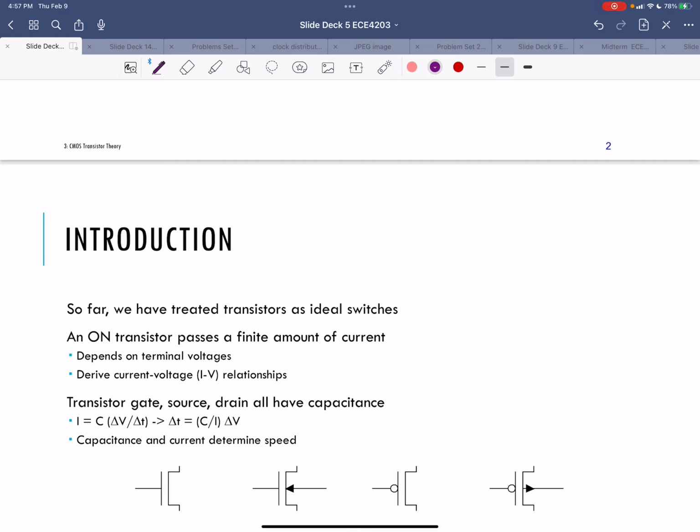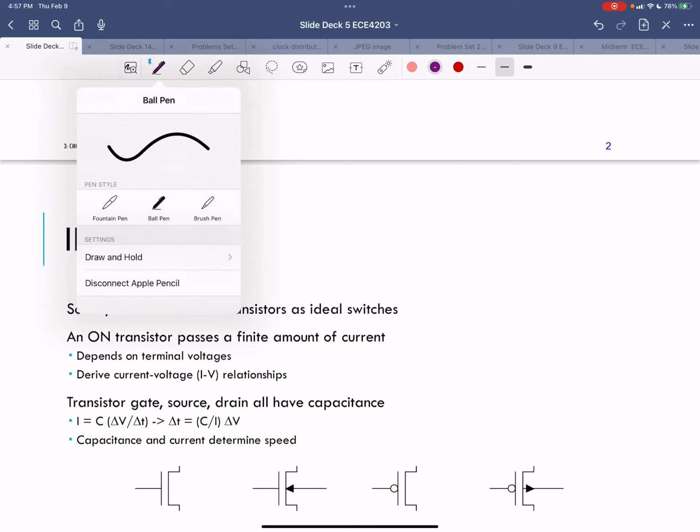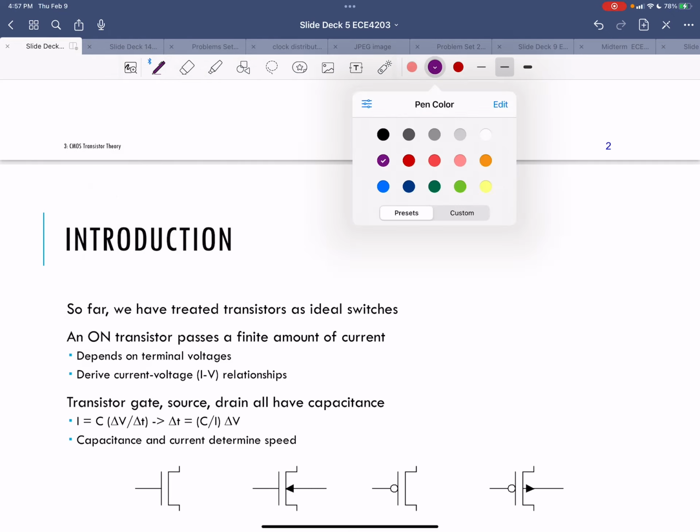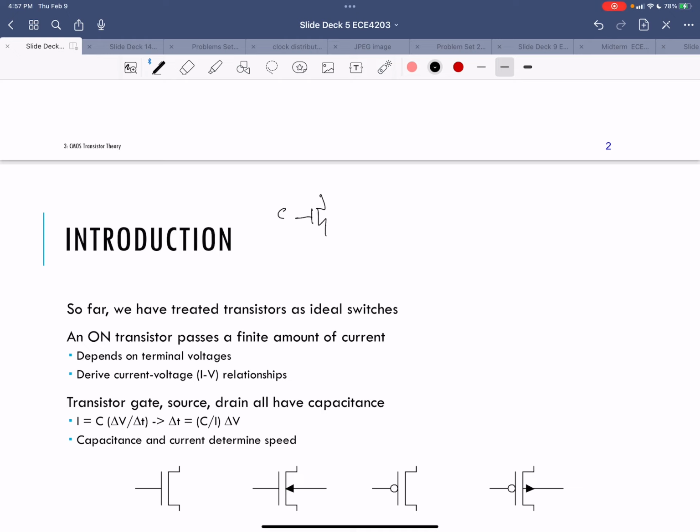When you look at a transistor one layer deeper than the switch, let's look at an NMOS transistor. It's really a 3-terminal device.